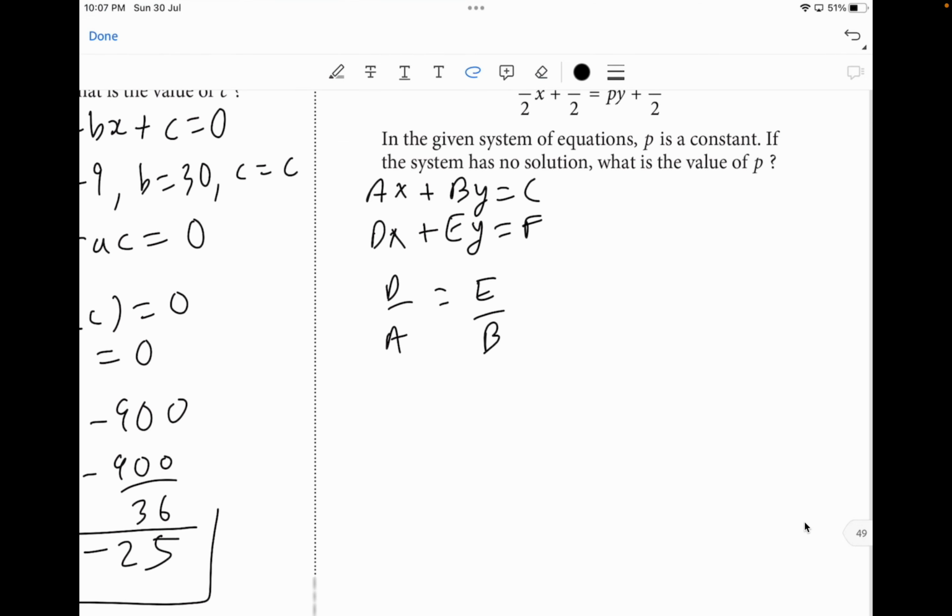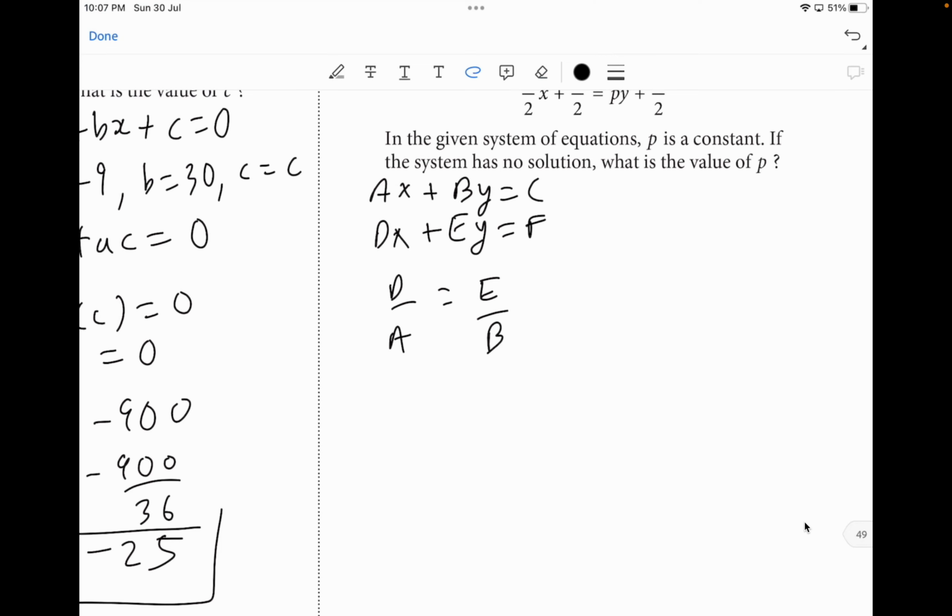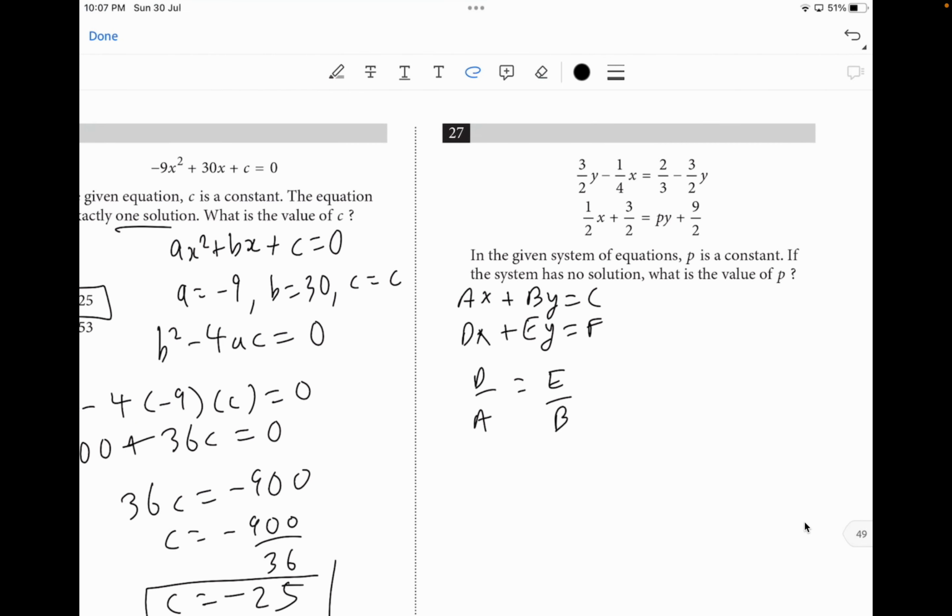The lines are distinct if the constants are not proportional, meaning f over c is not equal to d over a or e over b. I'm going to label the given equations as equation 1 and equation 2.